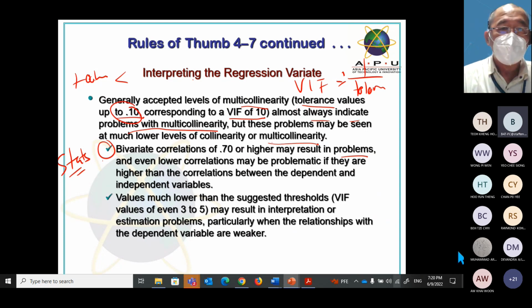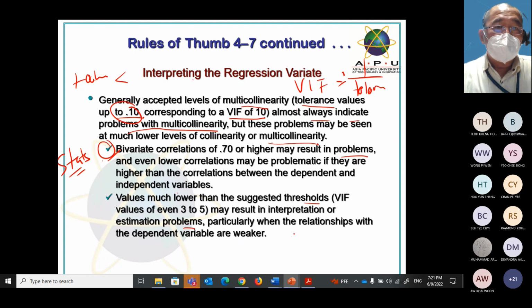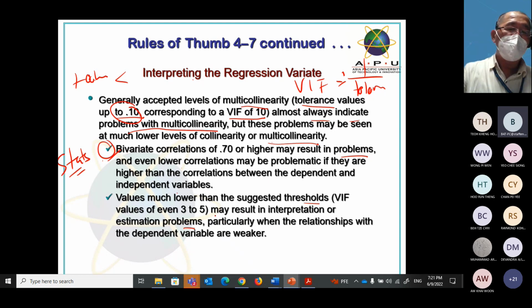Now continue. Values much lower than the suggested threshold, let's say less than 10, if much lower, only 3 to 5, may result in interpretation or estimation problems, particularly when the relationship with the dependent variable is weaker.